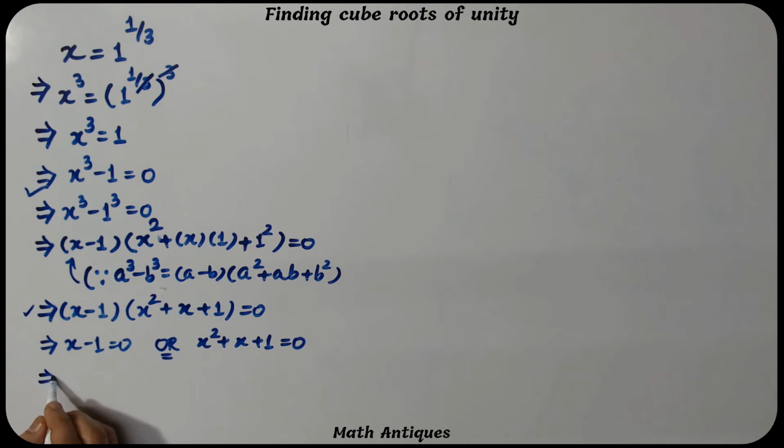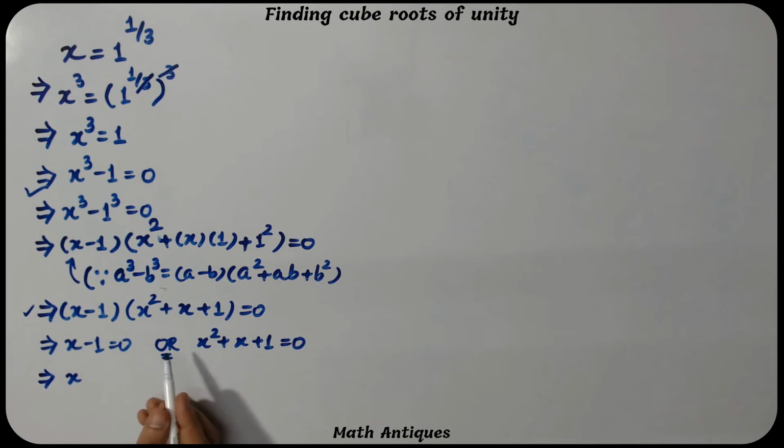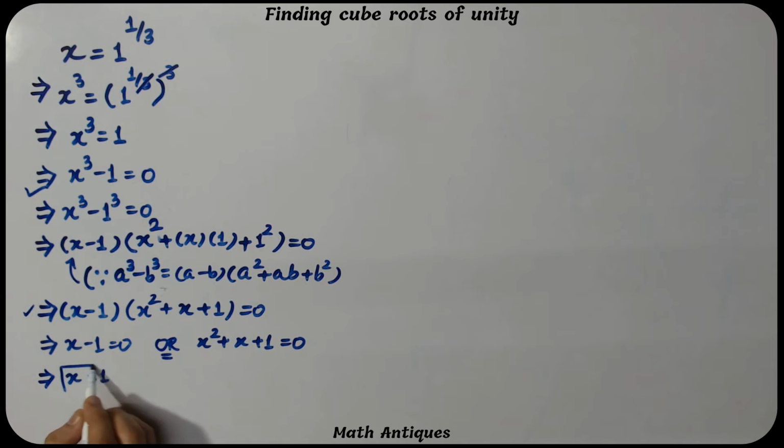This one is very simple because it's a linear equation. So taking this minus 1 on the right hand side, we will get x equal to 1. So one of the cube roots of unity is ready, which is x equal to 1.